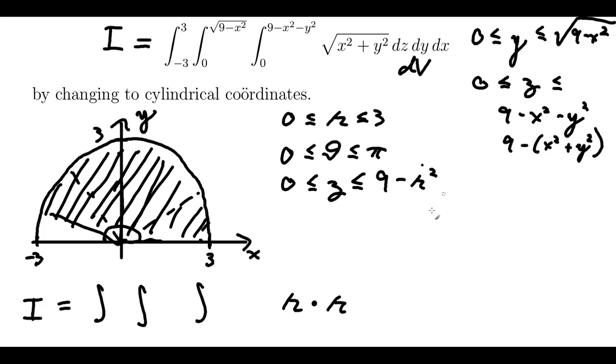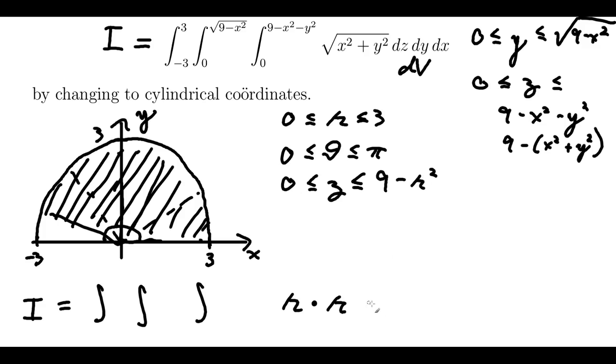And now we need dr, d theta, and dz in some order or another. The order is somewhat constrained by the fact that z is in terms of r.